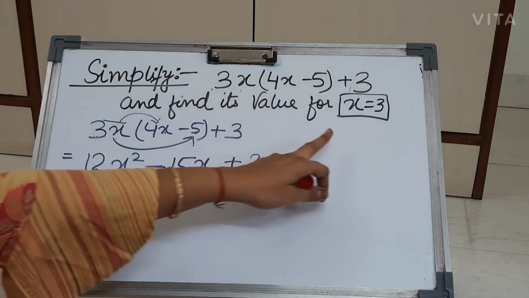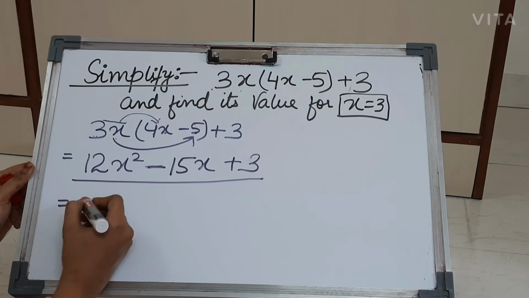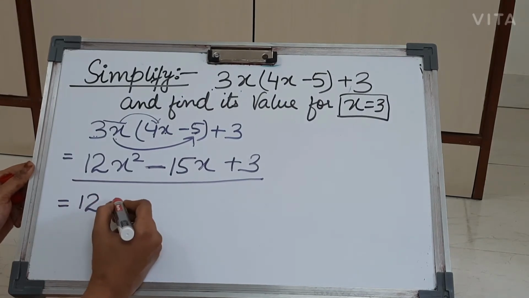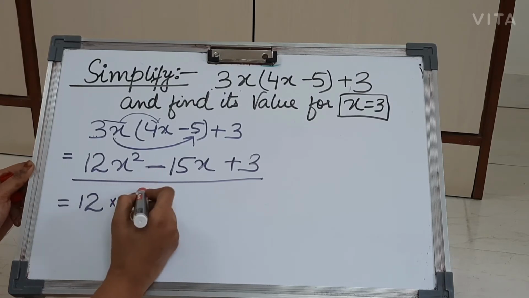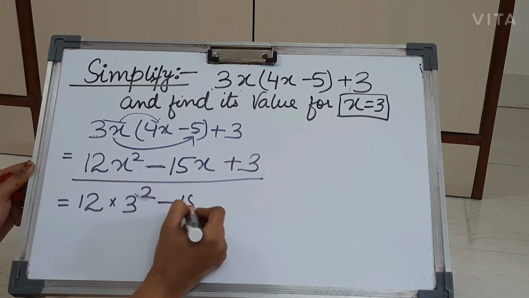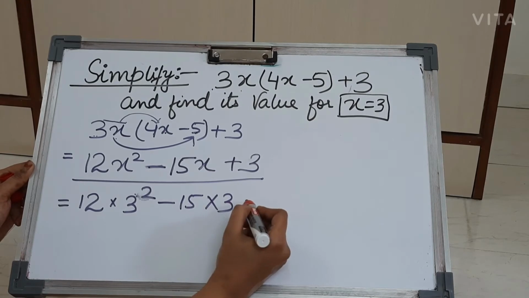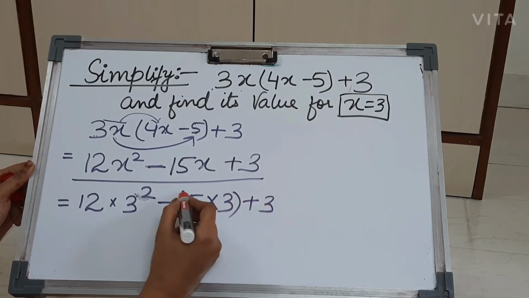Now we will put the value of x. So 12 into 3 to the power 2 minus 15 into 3 plus 3.